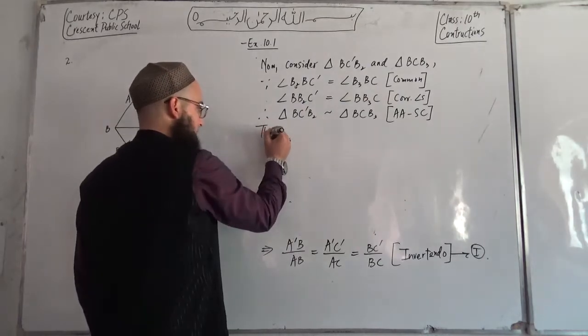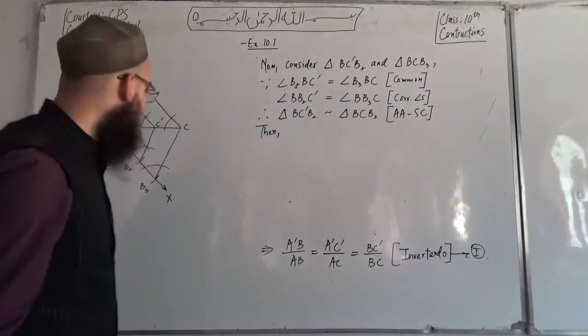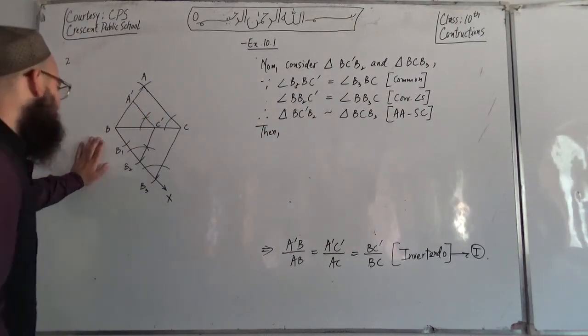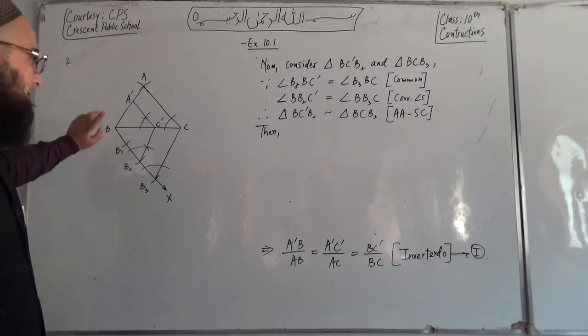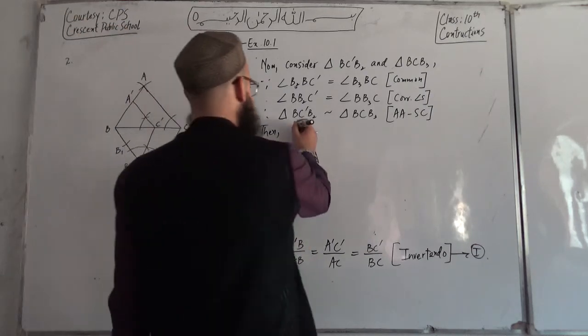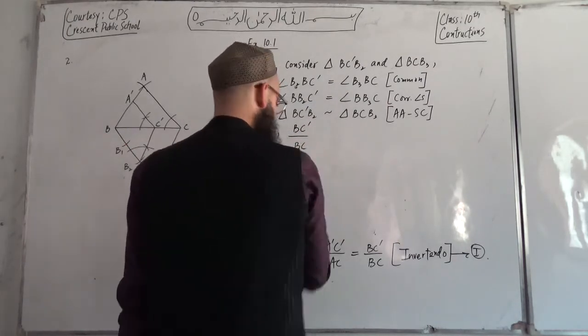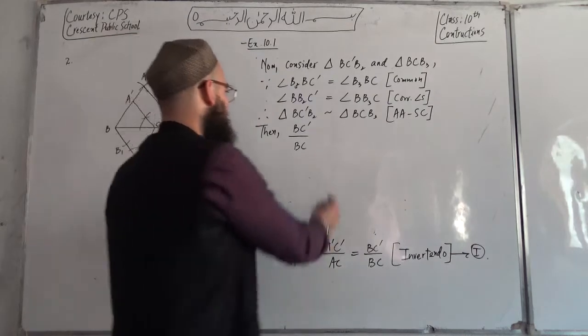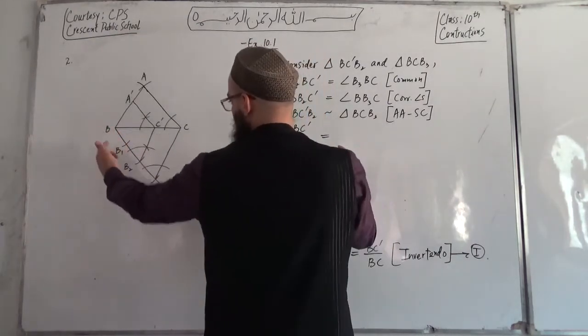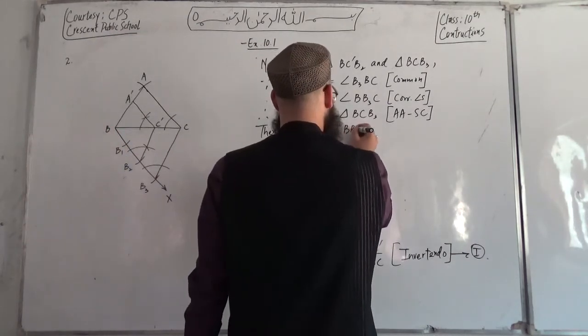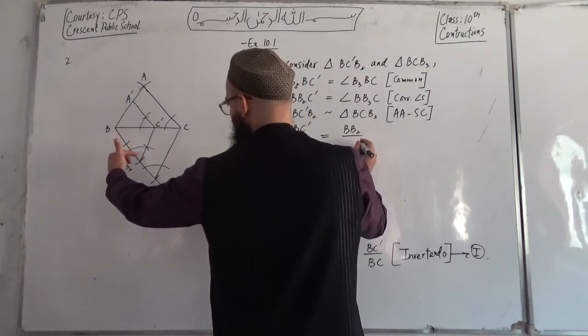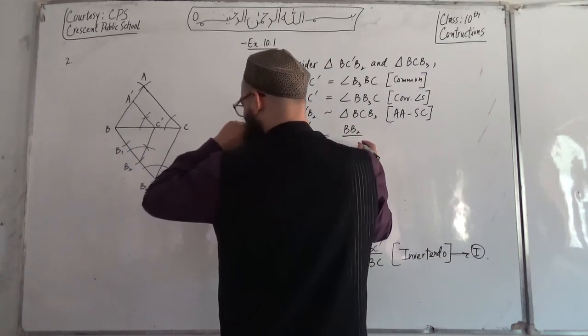Then again, sides will be in proportion. So let me take this one. Then BC dash by BC is equal to BB2 by BB3.